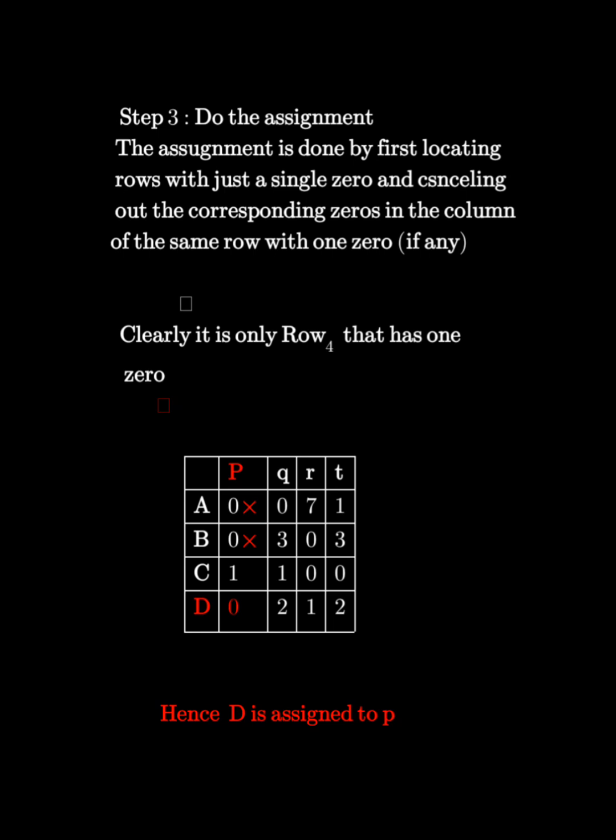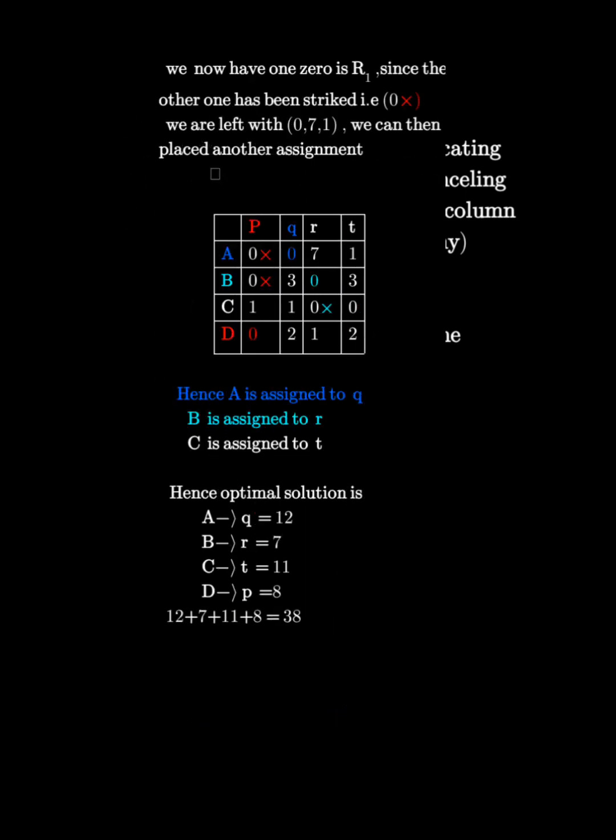So we can now do another assignment. Our second assignment is going to be for A and Q. So A is going to be assigned to Q. So the last thing we do is we are going to do other assignments.